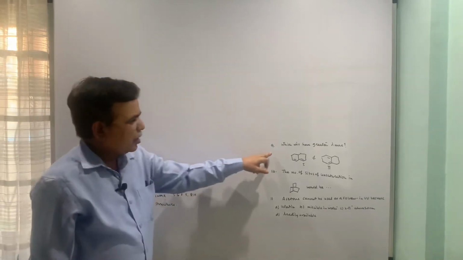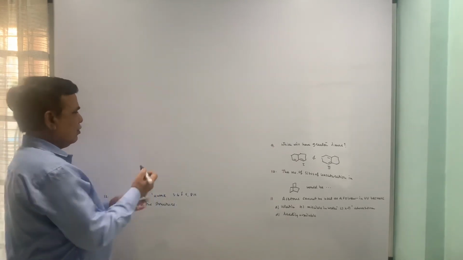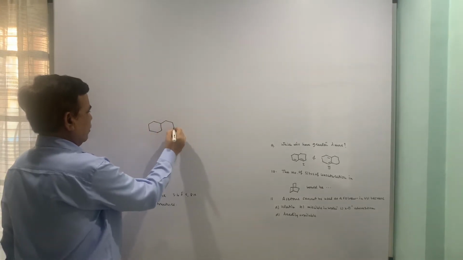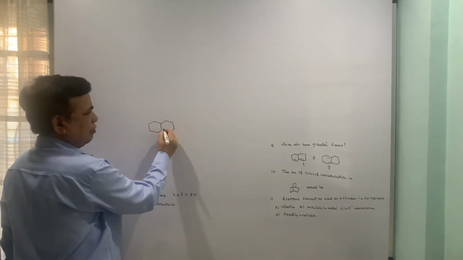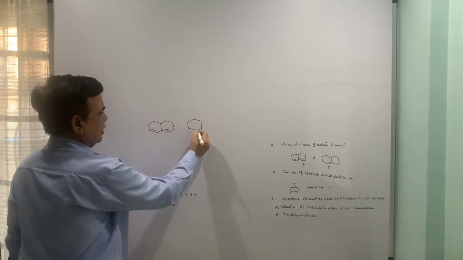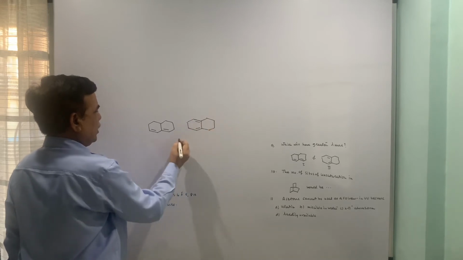The next question is, which will have greater lambda max? Now greater lambda max means you have to calculate the lambda max. That is the only way you can distinguish them. This is the first compound and I am putting the second compound alongside, so that comparison would be easy.